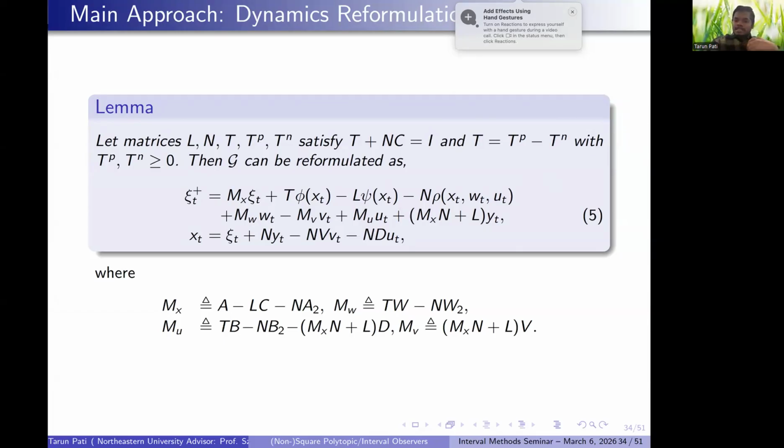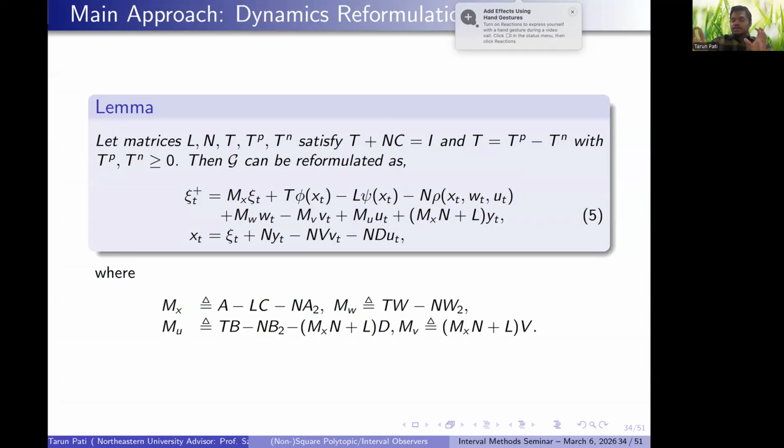In this work, to avoid a mixed integer formulation, we split each gain that we have, T, N, and L, into two additional gains. For example, for T, we split it into T positive minus T negative.